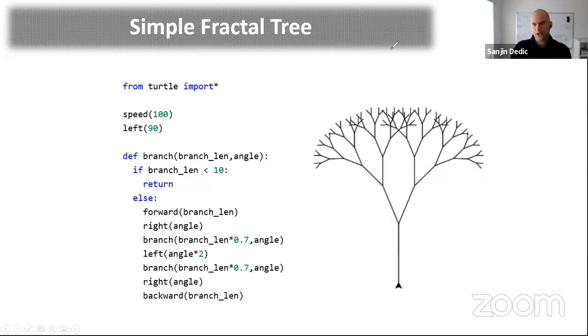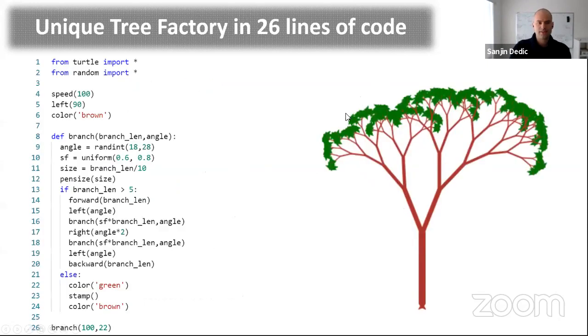So I'll clear the drawings, and you're going to see on the next slide that we can create an essential factory of unique trees in merely 26 lines of code. So this should be the highlight of the workshop. This is going to be what we wrap up with.